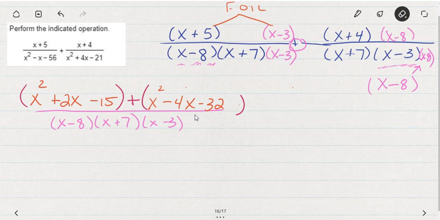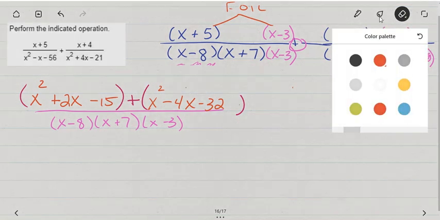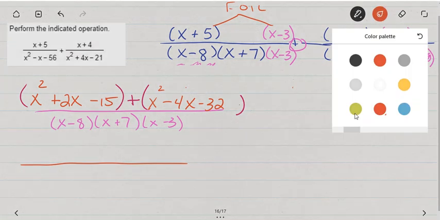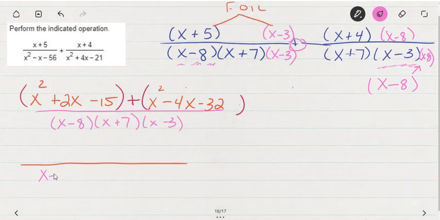So the next step is to combine the like terms. Now our denominator doesn't change. The whole denominator is going to stay as x minus 8, x plus 7, x minus 3.